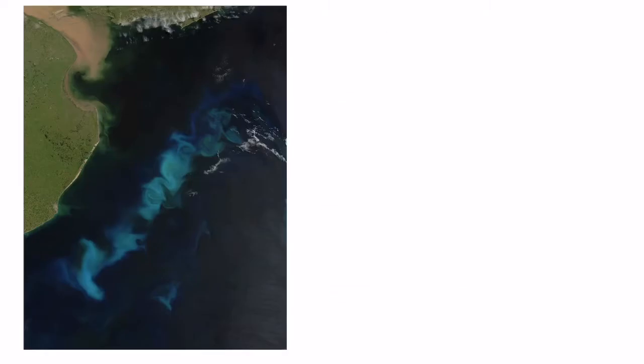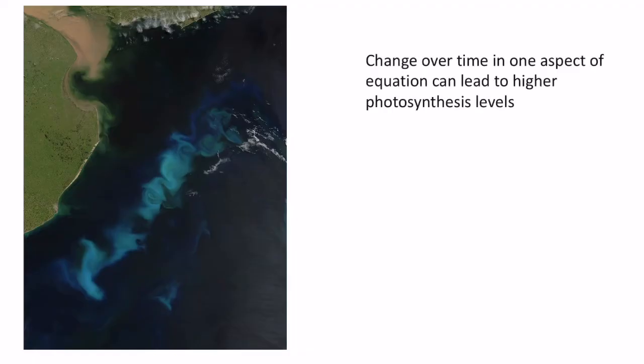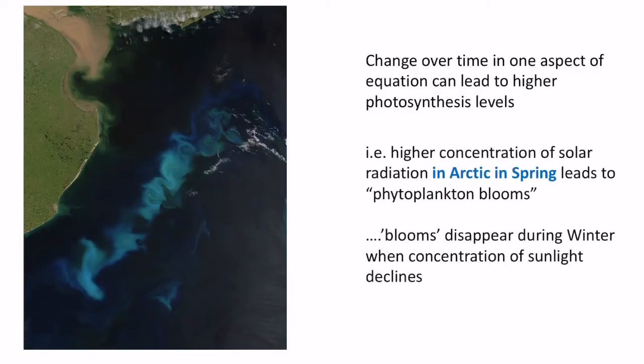When I adjust that equation slightly, I can get much higher rates of photosynthesis. What I mean by this is, here's a phytoplankton bloom that occurs in the Arctic Ocean, and this only occurs when the amount of solar radiation increases.